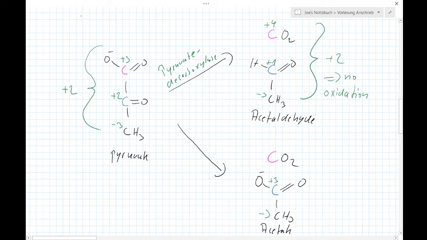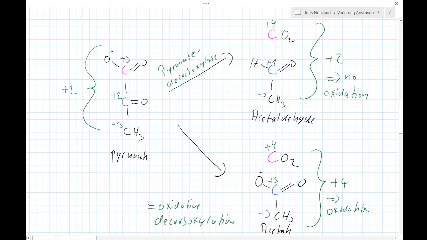And here it's +4. So here I have now altogether -3 +3 +4 is +4. Therefore, this is an oxidation. So this is an oxidative decarboxylation. And this is catalyzed by the pyruvate dehydrogenase.